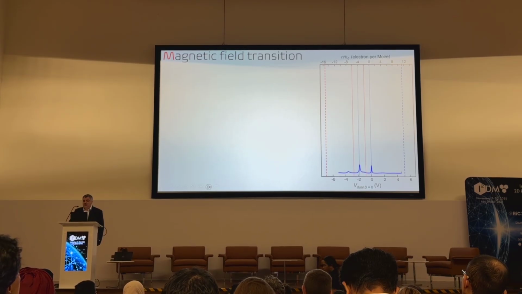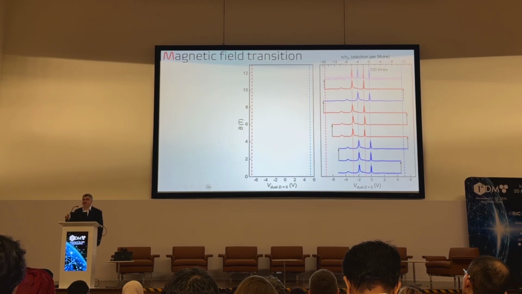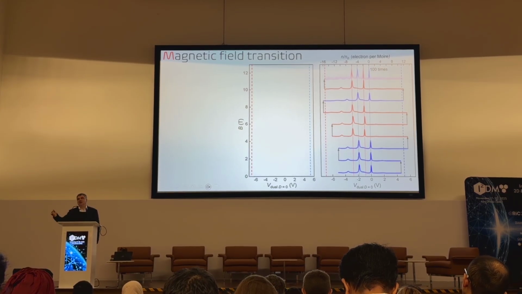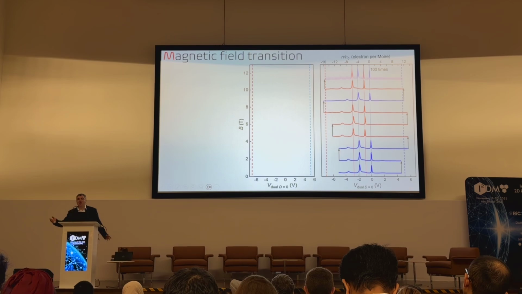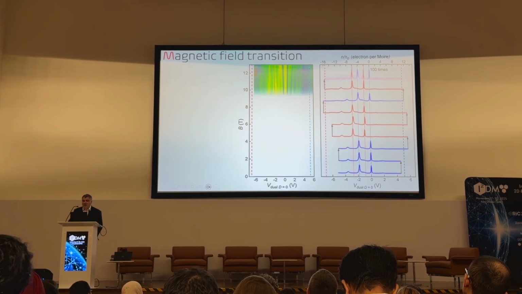I showed you how to control this behavior before, but strangely enough, now the magnetic field can control this phase transition as well. We can control this phase transition by electrostatic forces. We can control it by temperature. So it's a normal first order phase transition, but strangely enough, we can control it by magnetic field.